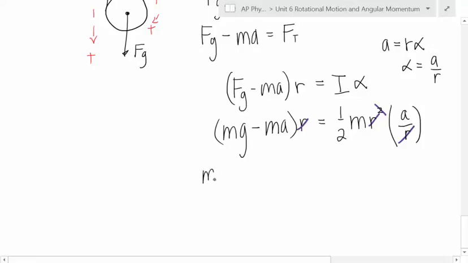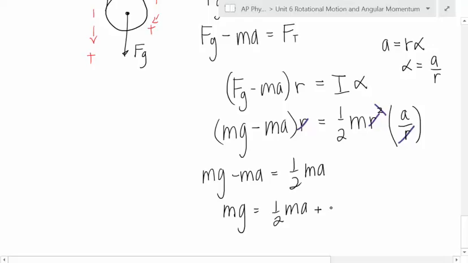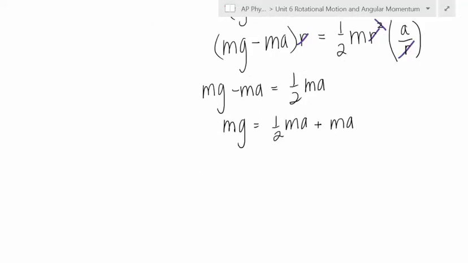So then mg minus ma will equal 1/2 ma. So then mg is equal to 1/2 ma plus ma. And I can divide by m on both sides because it's one thing that's falling and rotating at the same time.